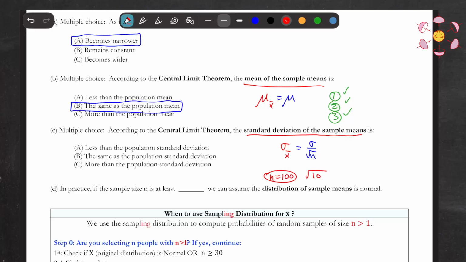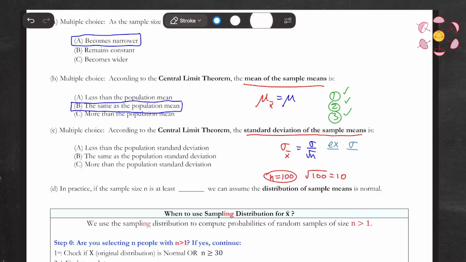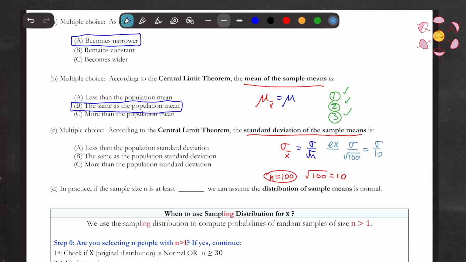The square root of 100 is 10. So if we have a standard deviation and we divide it by the square root of 100, it's basically saying, take the standard deviation and divide it by 10. That's making it smaller. So the standard deviation of the sample means is less than the population standard deviation.